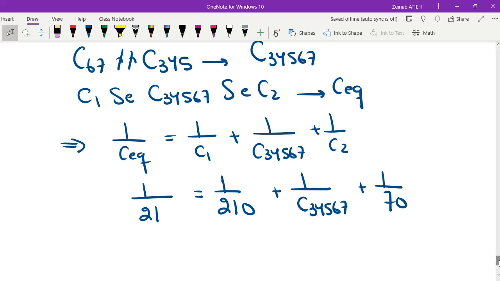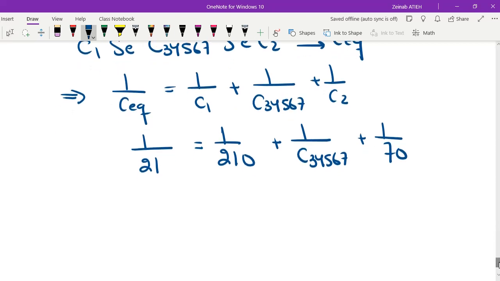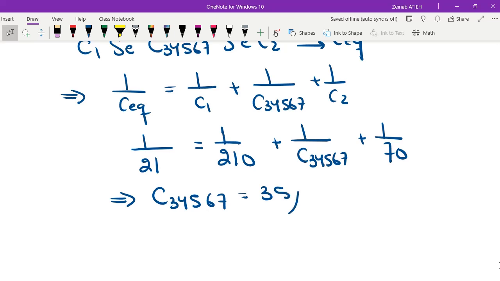Calculate, do the inverse, I've already done my calculations, and C34567 will give us 35 microfarad, because all units are microfarad, so we keep the same unit.